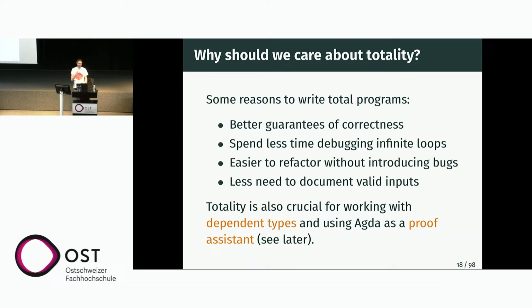And there's less need to document valid inputs, because in principle all inputs are valid, or at least all of them will produce some result, and none will throw an error. And later on we'll also see that totality is crucial if you want to have proper support for dependent types and the proof assistant features of Agda. We'll get to that.